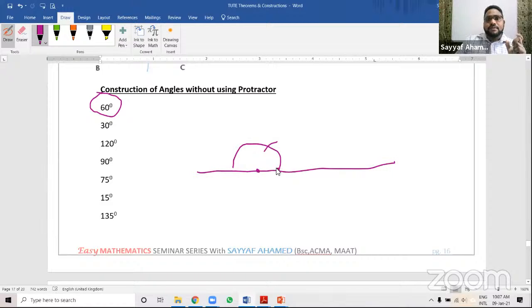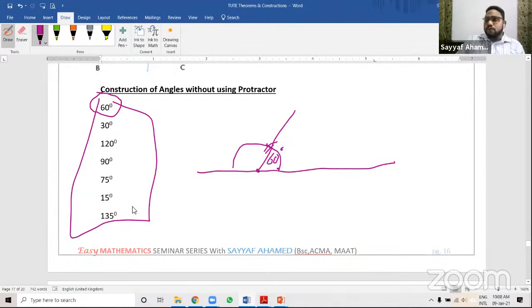This is very basic, I just wanted to cover it. Then you have a point here, and you connect this and draw. It must be somewhere here. So you get 60, and 60 is the base of drawing any of these.